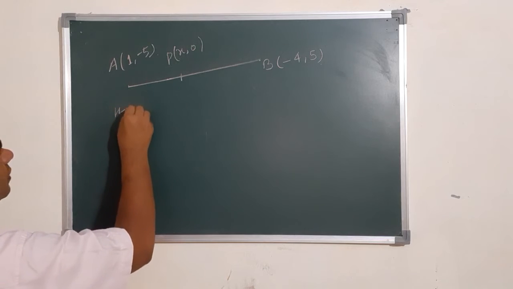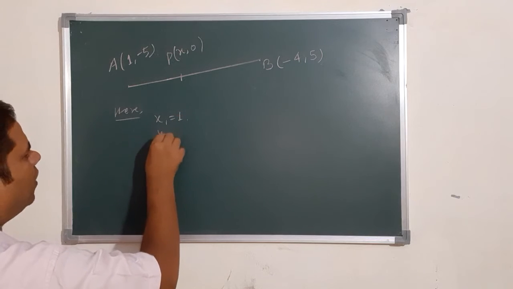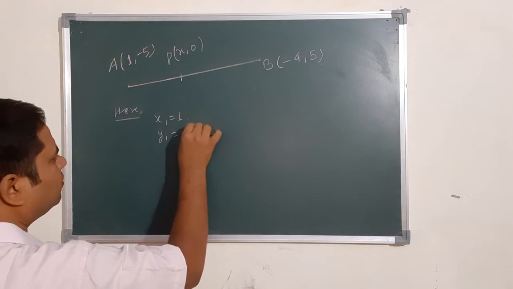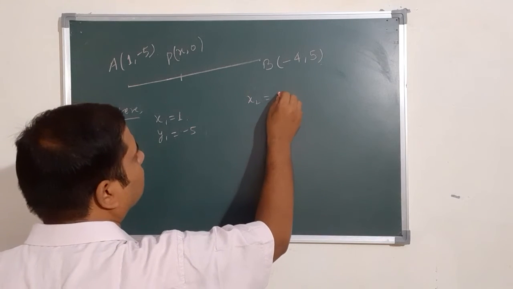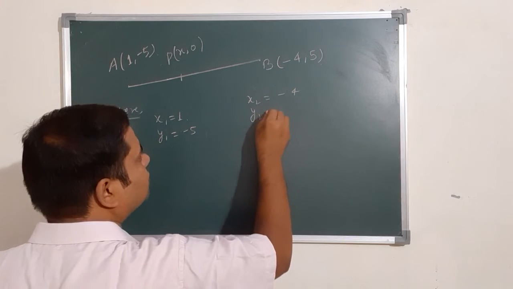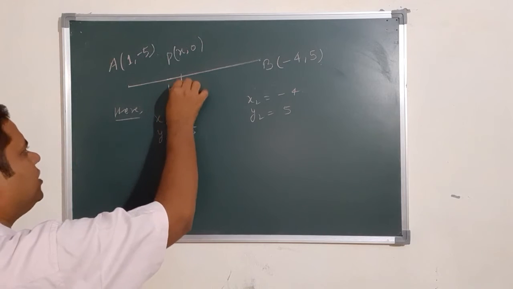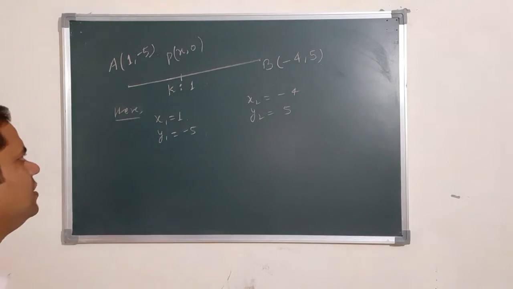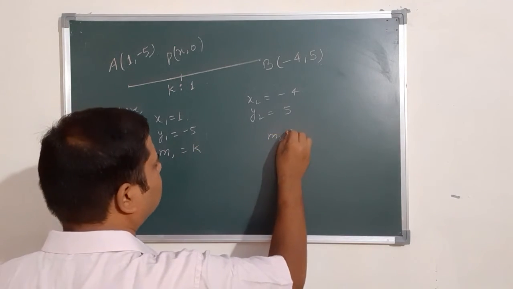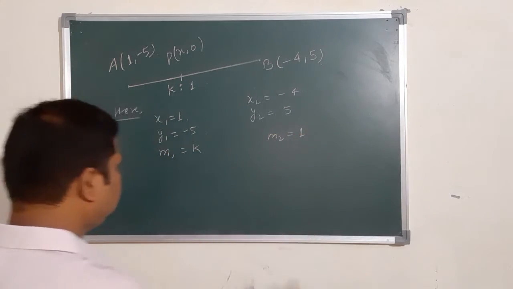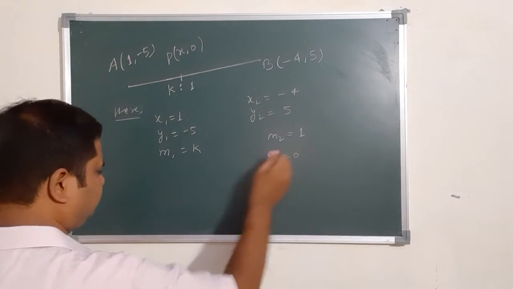So here x1 is equal to 1, y1 is equal to -5, x2 is equal to -4, and y2 is equal to 5, x is x only, and suppose the ratio is k to 1. So m1 is equal to k and m2 is equal to 1, and y should be 0.